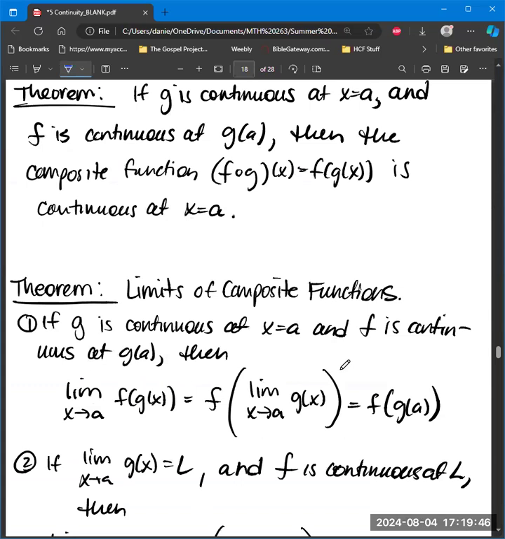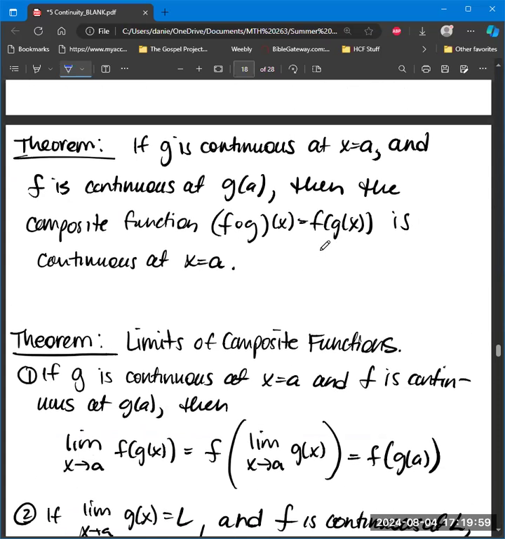So if g is continuous at x equals a and f is continuous at g of a, then the composite function f of g of x is continuous at x equals a as well. That's just at a point, right?